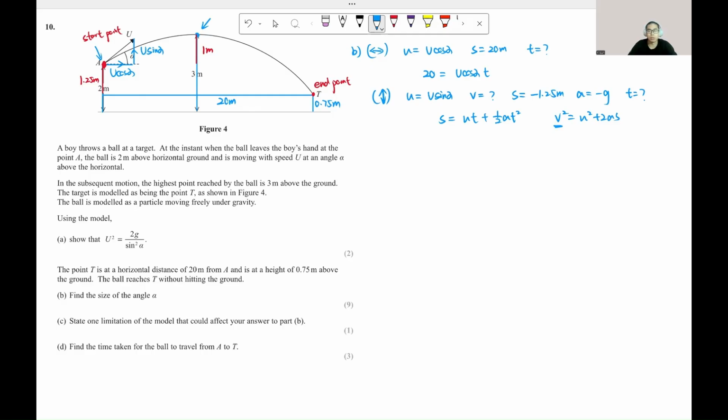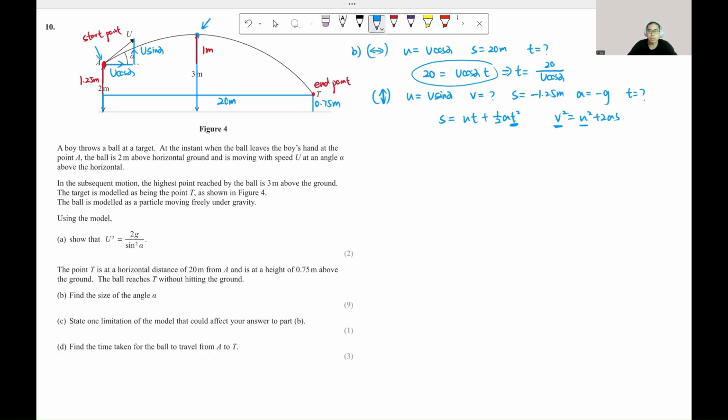And also for U, we don't know what U or alpha is. But if we use S equal to UT plus half AT squared, we only don't know T, but we can use the previous equation to rearrange this to get T equal to 20 over U cos alpha.